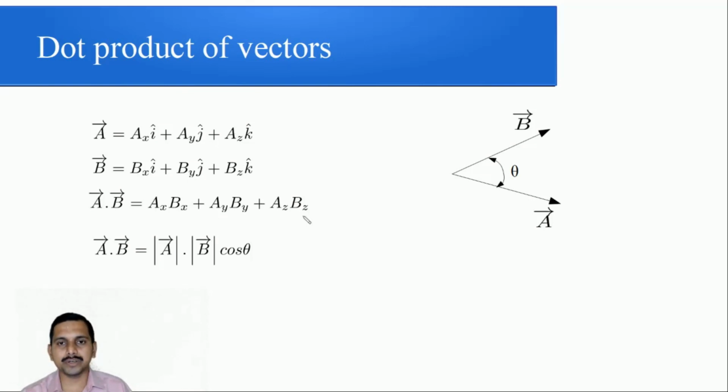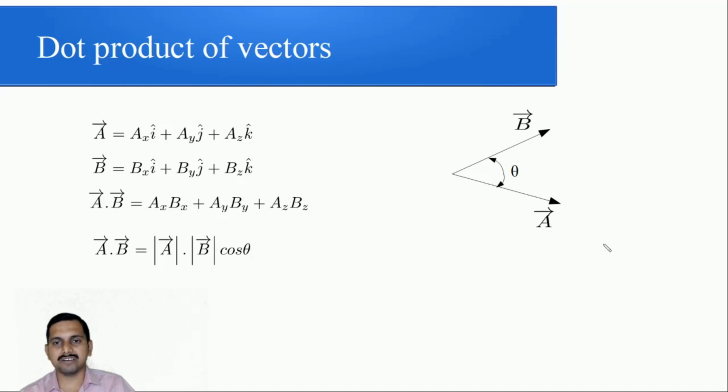So now what we are going to get is one number. This can also be done by finding the magnitude of A, magnitude of B and multiplying by the cos of the angle between those two vectors, which will also give us the dot product. Now this dot product is also called a work product because this is generally associated with force and displacement.